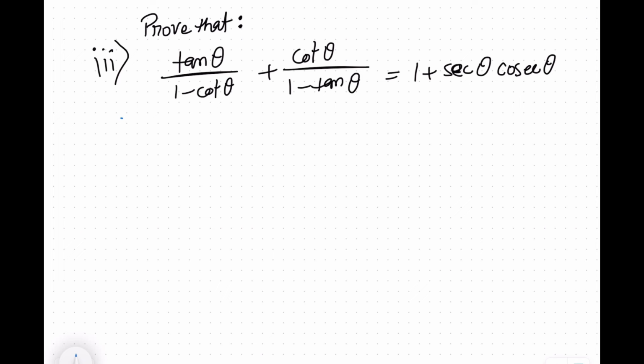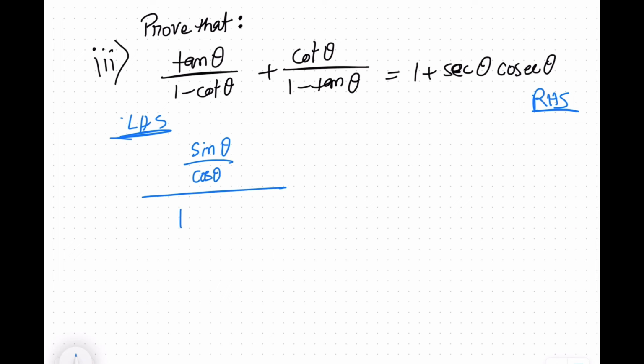This is our third question. In that we have to prove LHS equal to RHS. Right? So in the LHS part, what we are going to do, we are converting tan and cot into sine and cos. Okay. So in place of tan theta, we can write sine theta divided by cos theta, correct?